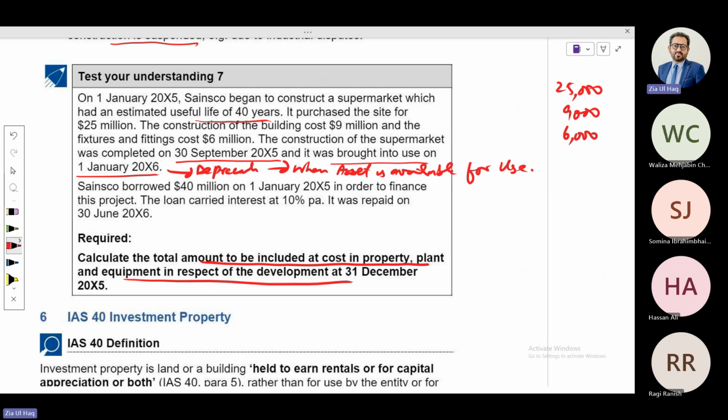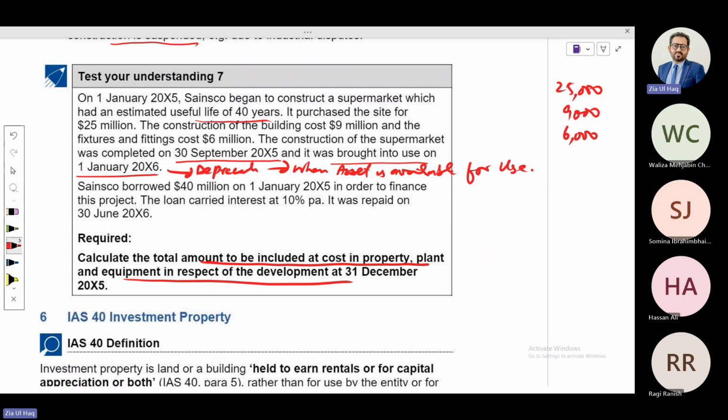If the current year is 31st December 20x5, will there be any depreciation for the current year? No. Why? Because the asset was not available for use in the current year. Suppose the asset was available for use on 1st of December, this means for 1 month depreciation we need to charge in the current year.